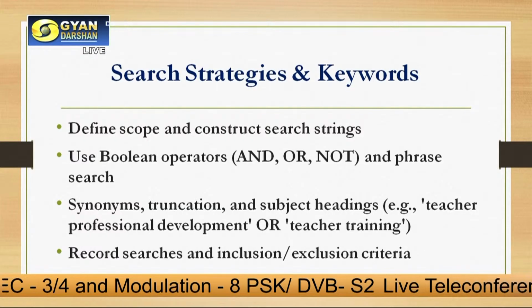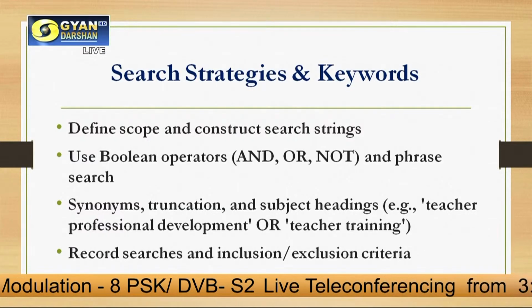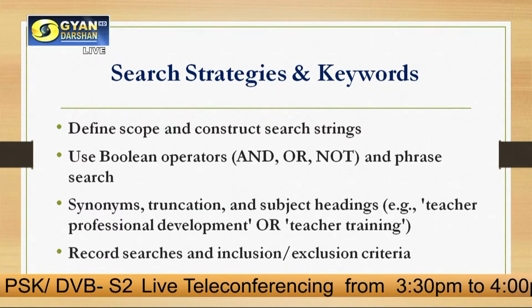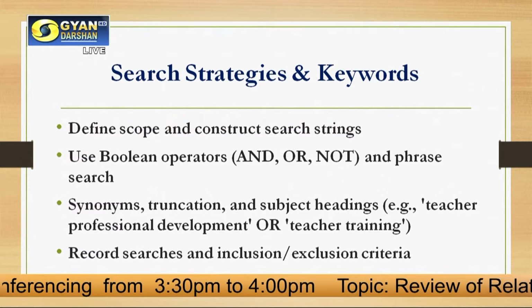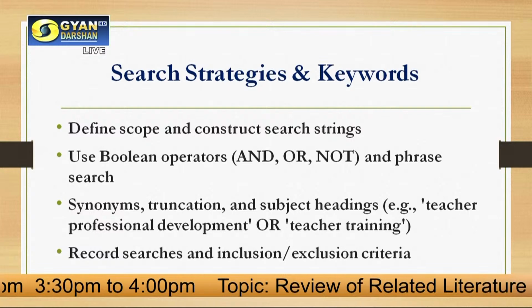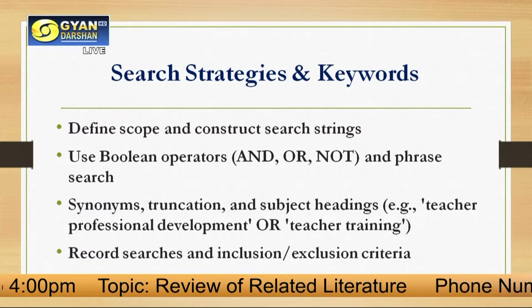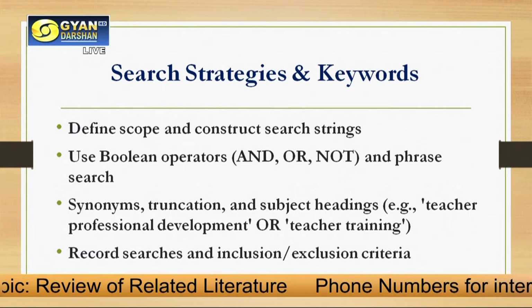Then construct some search strings, something very mathematically oriented, like when you sometimes Google on the internet. When you do Google searching, we use Boolean operators like AND, OR, NOT.